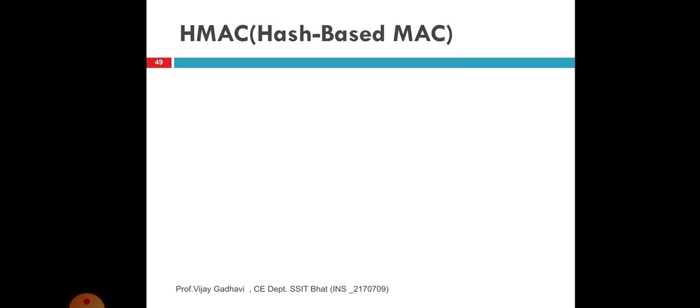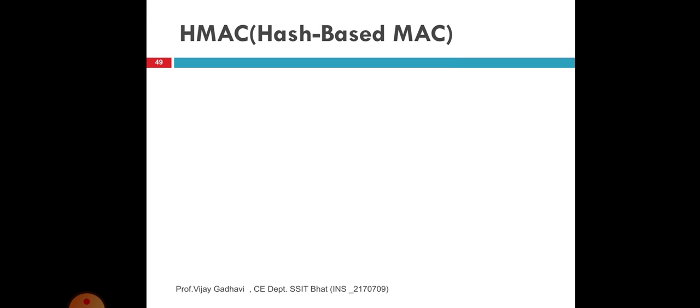A MAC, sometimes known as a tag, is a short piece of information used to authenticate a message. In other words, to confirm that the message came from the stated sender and has not been changed. Here, the MAC value protects both the message's data integrity and consistency.